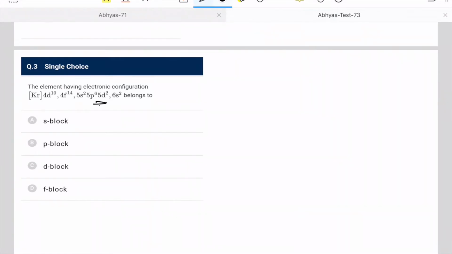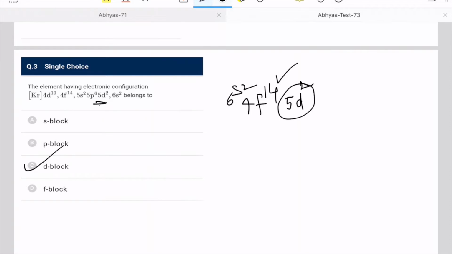Normally the electron will enter in this order: 6s2, after that 4f, so 4f14 is also completed. After that 5d will get entered. So here 5d is entering, so d block is the correct option.